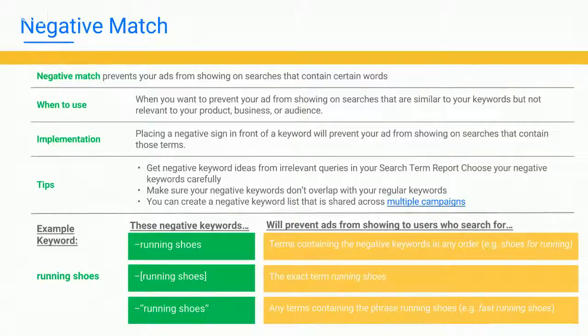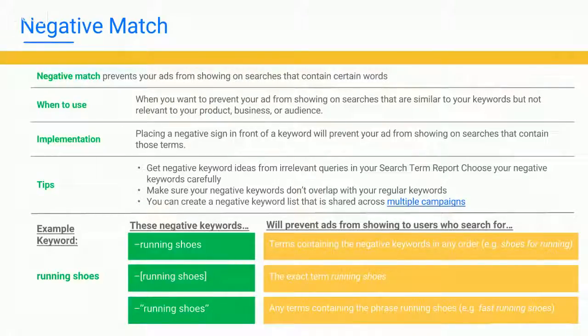So negative keywords are probably one of the most important aspects of AdWords, regardless of what match types you're using. I think everyone can benefit from using negative keywords, and what they are essentially is words that, when they're typed into Google, you don't want your ad to show for. So a really common word that we always recommend using is free.